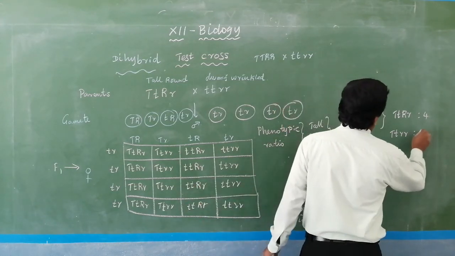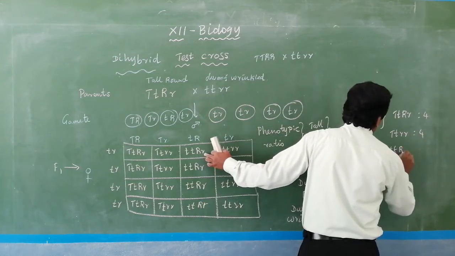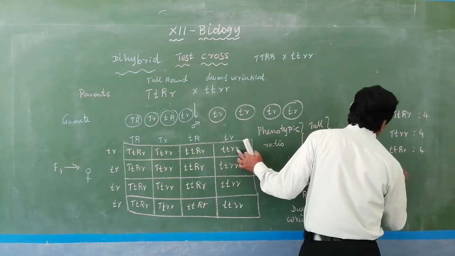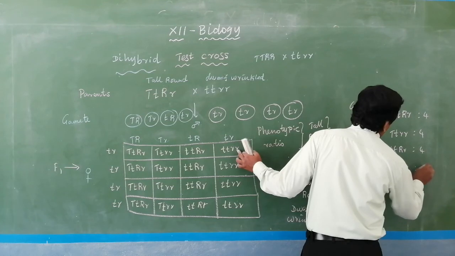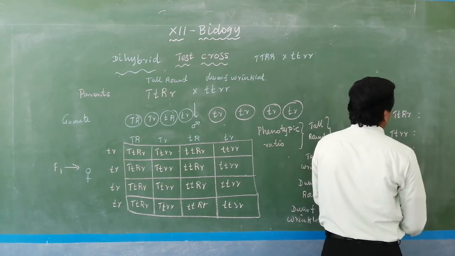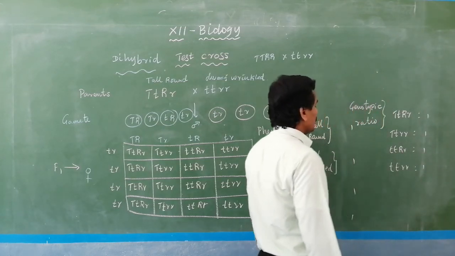Then small t, capital R small r: 1, 2, 3, 4. And small t small r small r, 4. You simplify it, and it is 1:1:1:1. So the genotypic ratio is also 1:1:1:1.